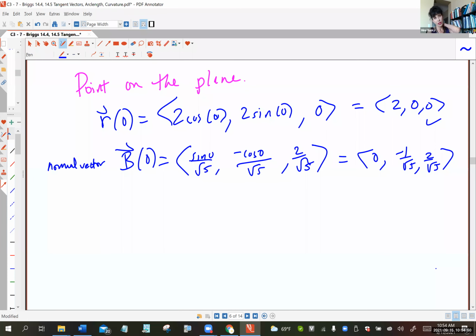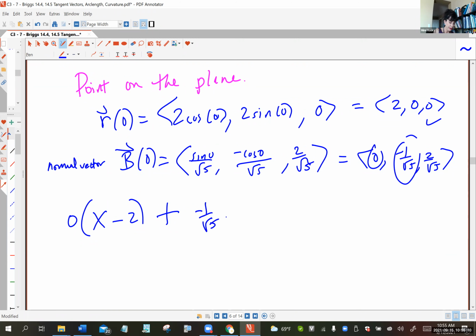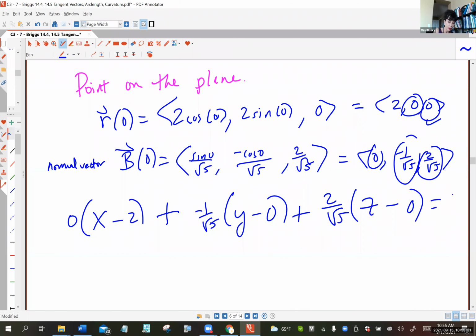I know some of you haven't been using your standard equation because you go directly to general, but I'm going to do the standard first. You go 0 times x minus 2, that's just going to be 0, plus, then you take your next component from your normal vector, negative 1 over square root of 5 times the quantity y minus, and then the position was 0, and then plus, next component, 2 over square root of 5, z minus coordinate of the point 0. That whole mess is equal to 0.